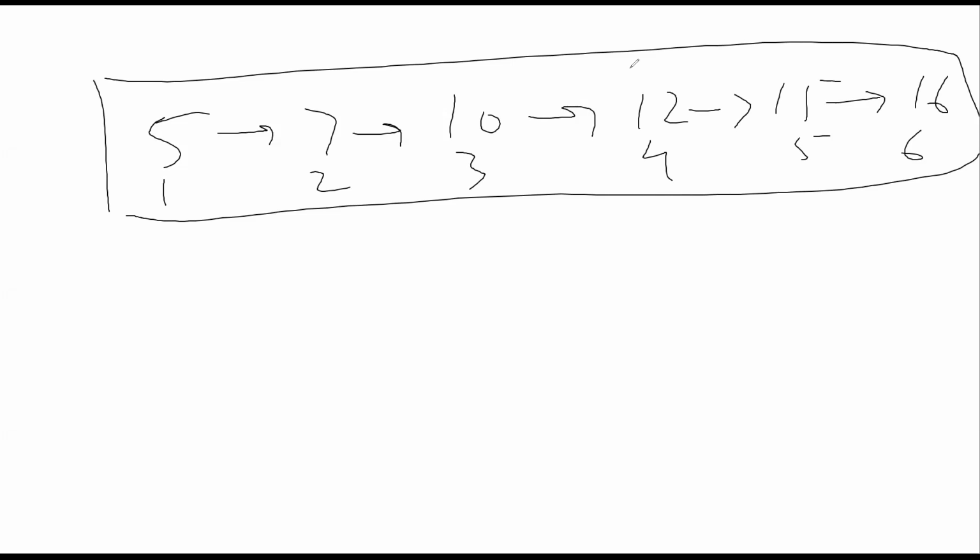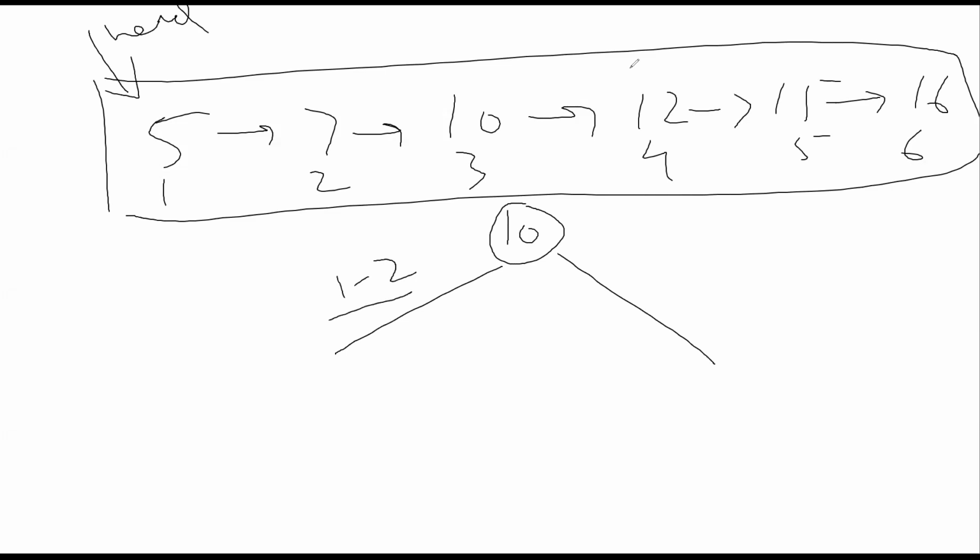Now I know it will be, suppose, 3. I'll take this one, set it up as root, and now I need to know what is my left child and right child, right? I know I have to process 1 to 2 index elements here, and I have to process 4 to 6 indexes here, right? When I was processing this part, I knew the head was at the 5th position.